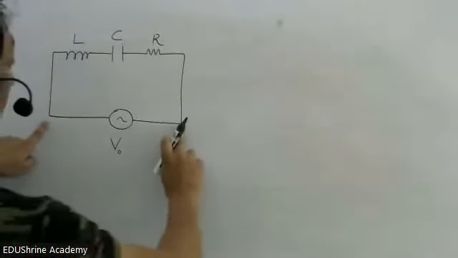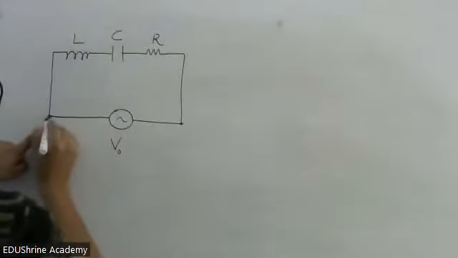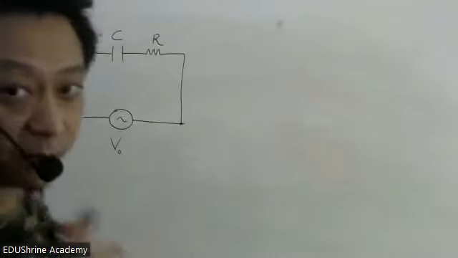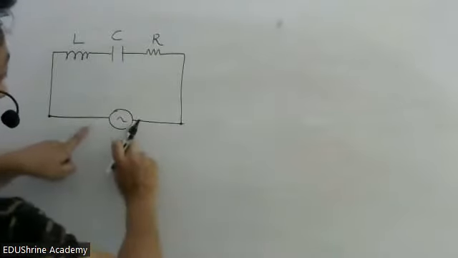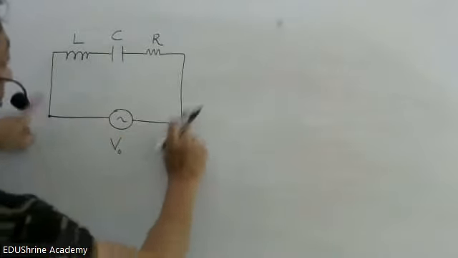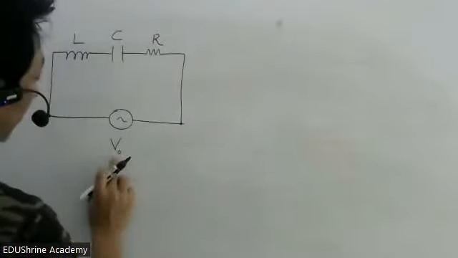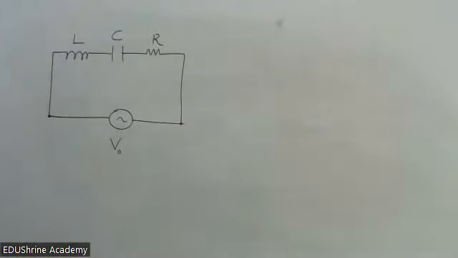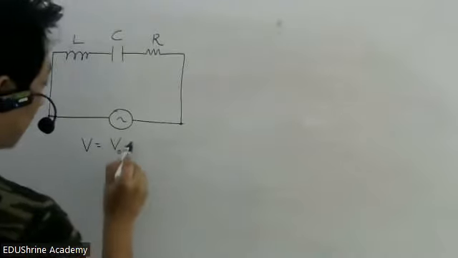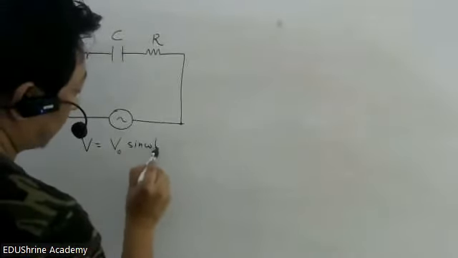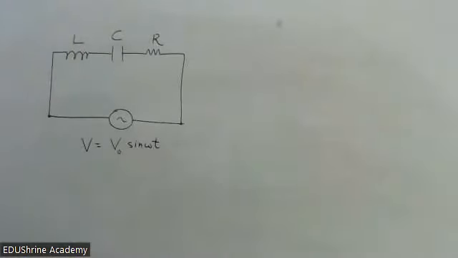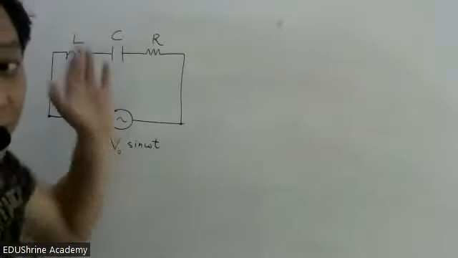So here the peak voltage, here and here, look carefully, don't write now. I'm giving you time to write. So the applied peak voltage between its terminals, here, or I can say here also, is V naught. Or I can write V equal to V naught sin omega t. Okay, now in series, what will be the same, do you think?